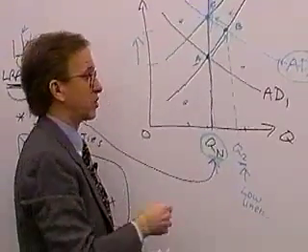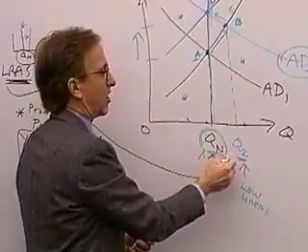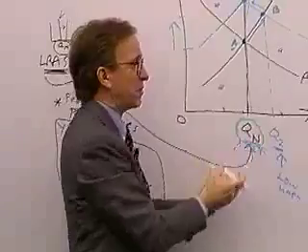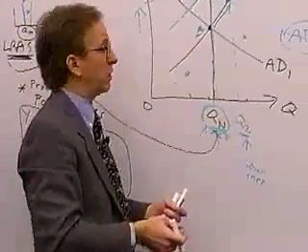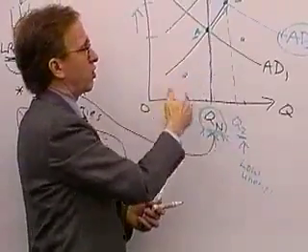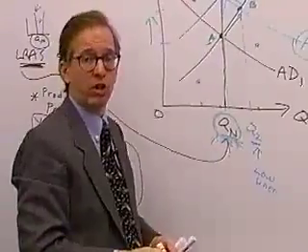Another way of saying that is there's not a whole lot we can do in the long run to get away from this point. Our production possibilities frontier and our technology and so forth determine where we're going to return in the long run, and our policies basically have, for the most part, a short run effect on pushing us away from this point, but that's where we're bound for in the long run.